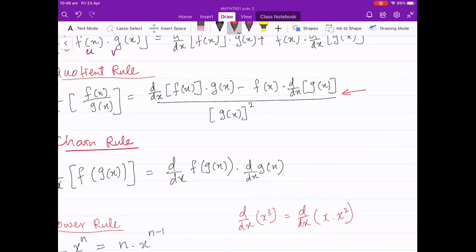Yeah, use chain rule first on what? Would you use chain rule first or would you use the product rule first? Okay, how would you use chain rule first?